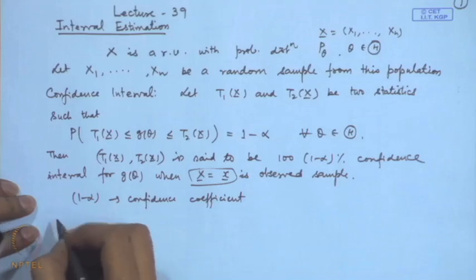In this particular lecture, I will introduce the method of pivoting, where we use a function of the sufficient statistics to derive the confidence intervals, and later on they turn out to be actually the best confidence intervals for those situations.